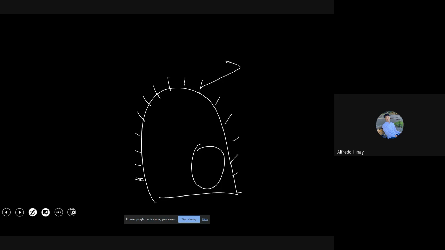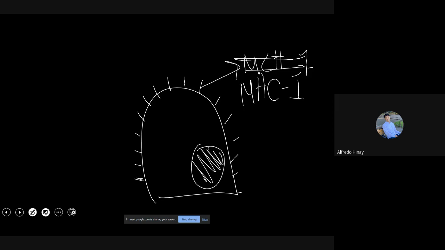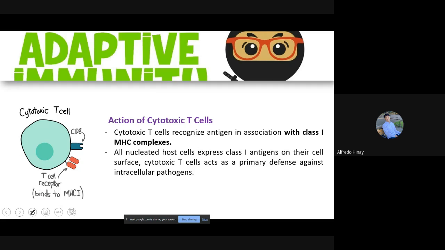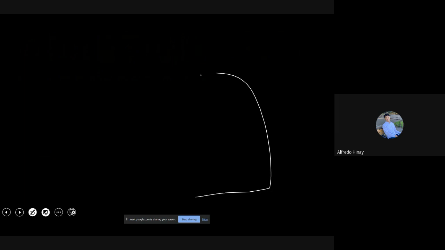This one is MHC class 1, major histocompatibility complex type 1. Okay? So kasi nucleated siya here, then therefore type 1 siya. Diba? Sabi here, class, all nucleated host cells express class 1. Okay? Kaya, pag may nucleus daw, class, then therefore meron silang MHC class 1.